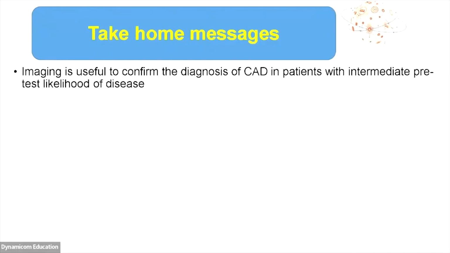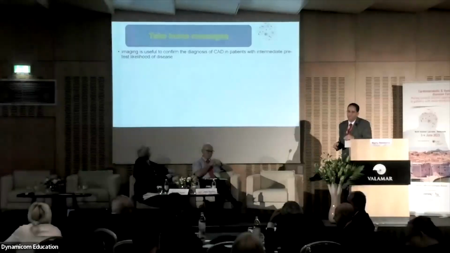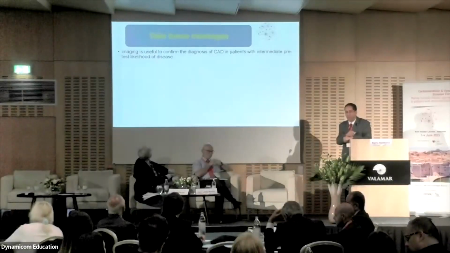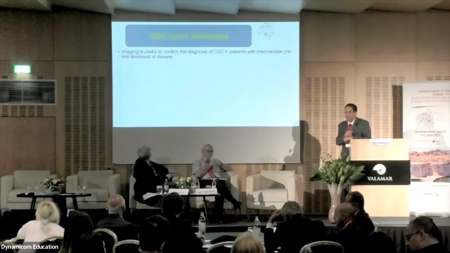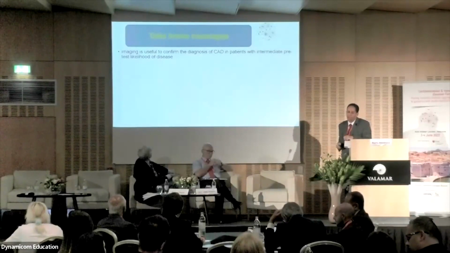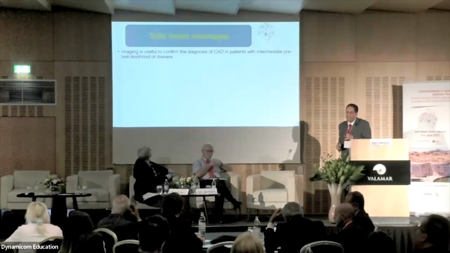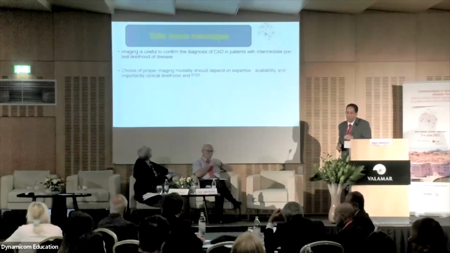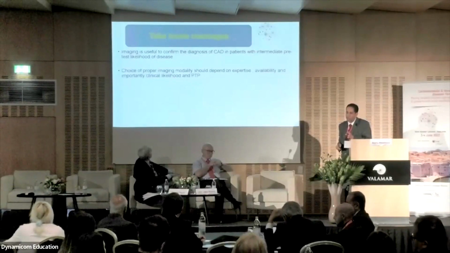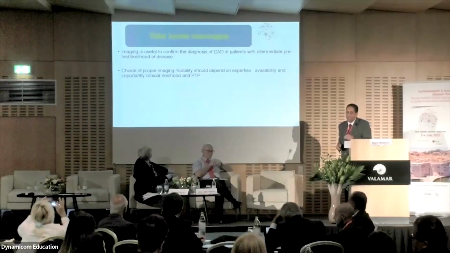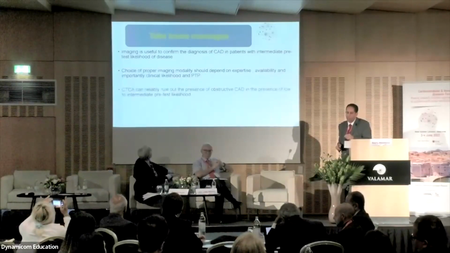So, ladies and gentlemen, the take-home message for management and imaging modalities for patients with coronary artery disease: imaging is useful to confirm the diagnosis of coronary artery disease in patients with intermediate pretest likelihood of the disease. Choice of the proper imaging modality should depend on expertise, availability, and importantly, clinical likelihood and pretest probability.